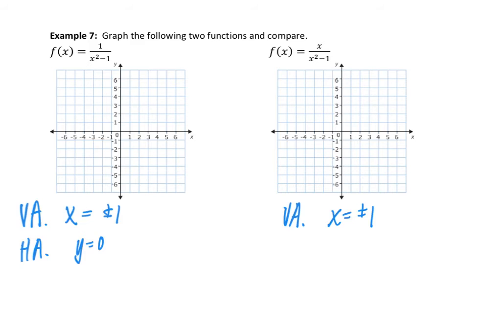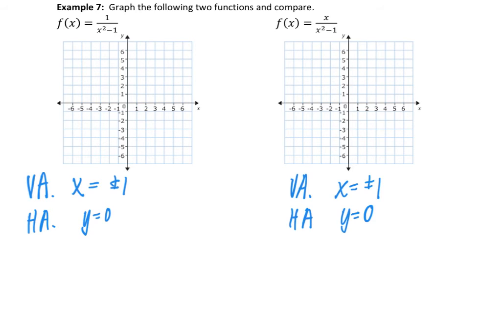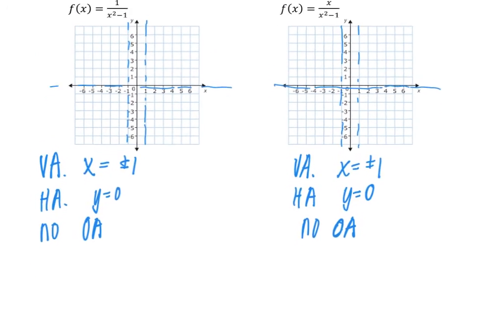And even though the function to the right is different, it's still bottom heavy. So it has a horizontal asymptote of y equals 0 as well. Now, since they have a horizontal asymptote, there's no oblique asymptote or no slant asymptote. I did go ahead and plot my asymptotes on those two graphs above.